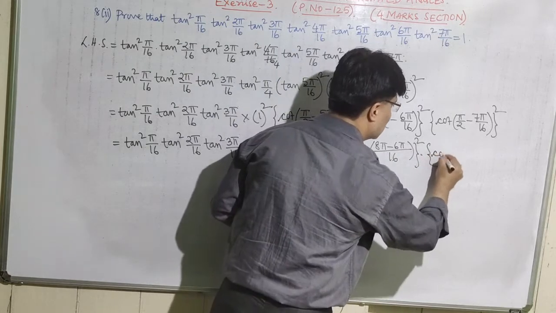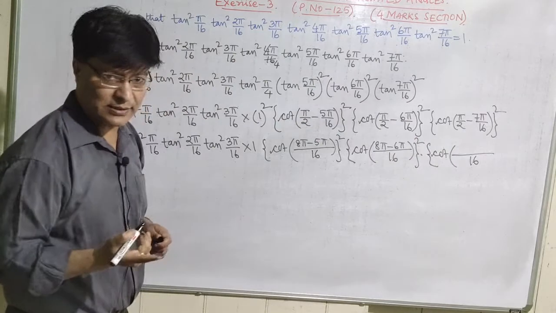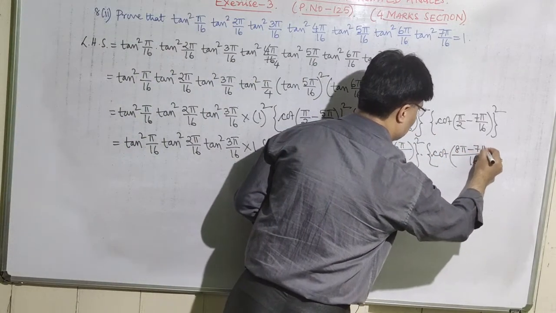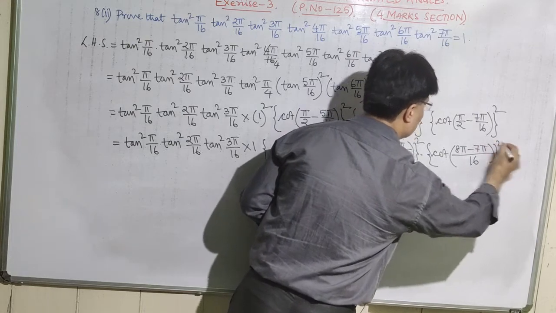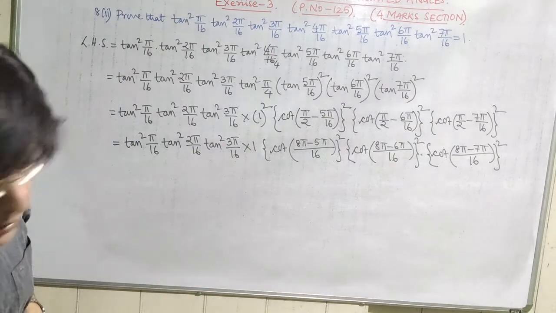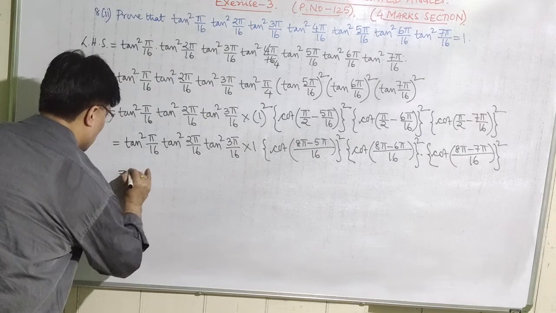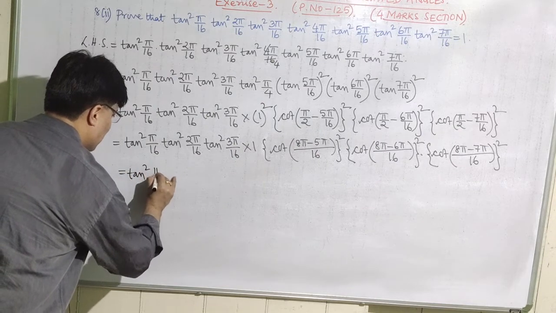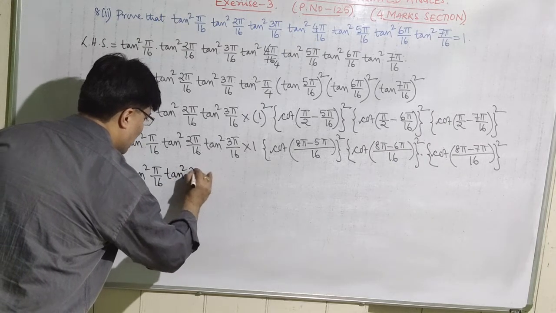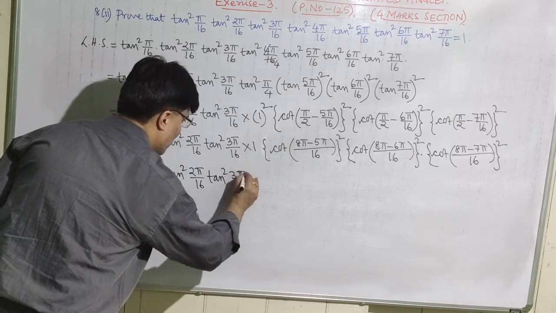Similarly here it is cot, what's the LCM? It is 16. Okay. So 2 8s are 16. So it is 8 pi minus 7 pi. So this is whole square. Is that clear now? So let us simplify it further. It is equal to tan square pi by 16, tan square 2 pi by 16, tan square 3 pi by 16.